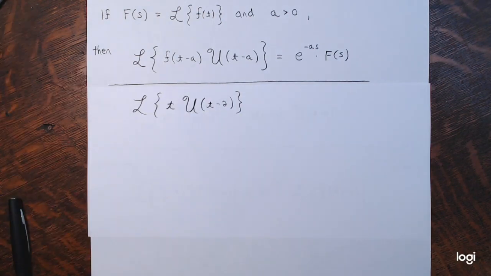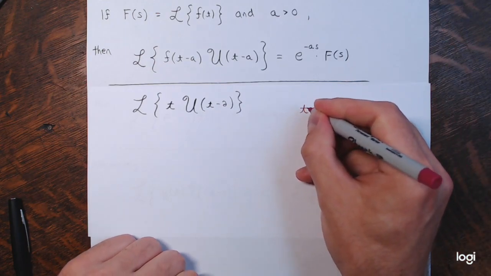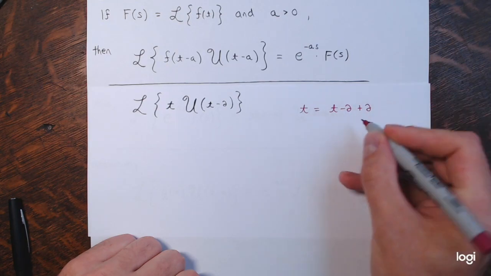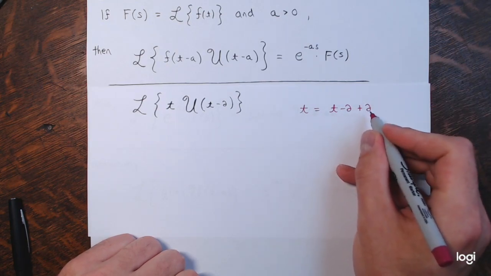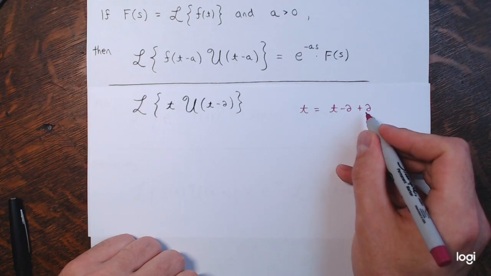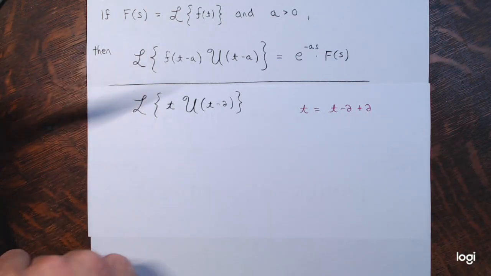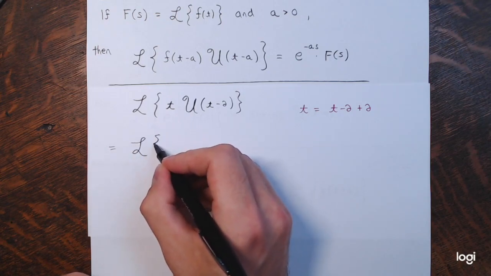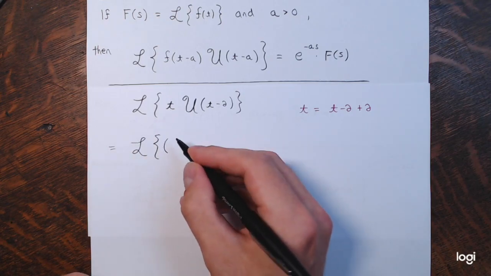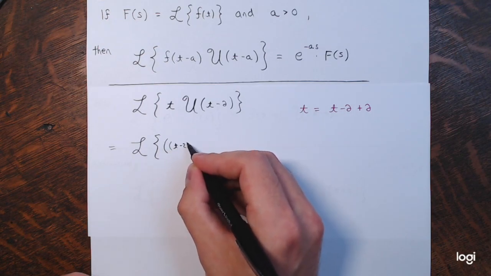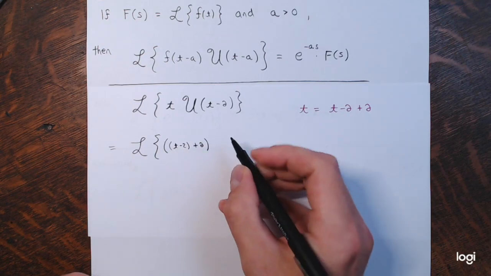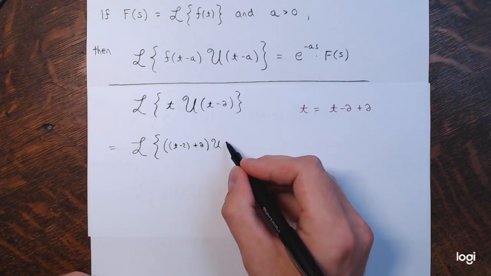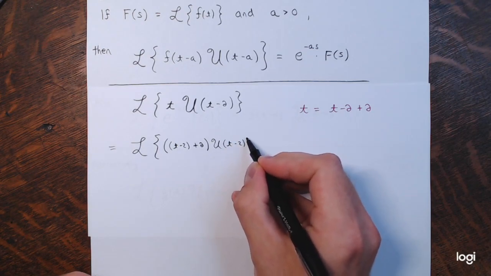But that's easy to fix. Just replace t with t minus 2 plus 2, right? You can't just subtract 2, you have to add 2 as well. It's like you're adding nothing. So let's see what happens here. So this is the Laplace transform of, and again, t I'm rewriting as t minus 2 plus 2. And then this is being multiplied by the unit step function at t minus 2.